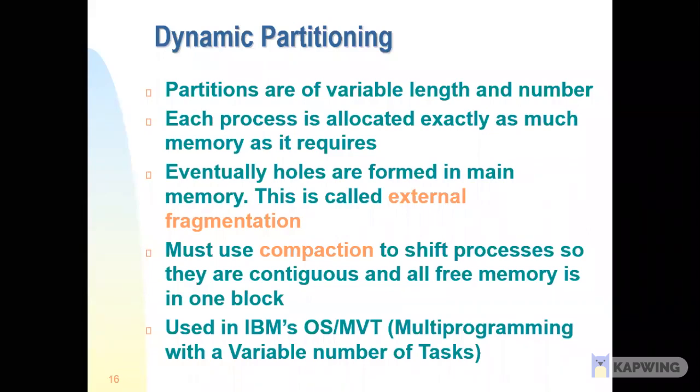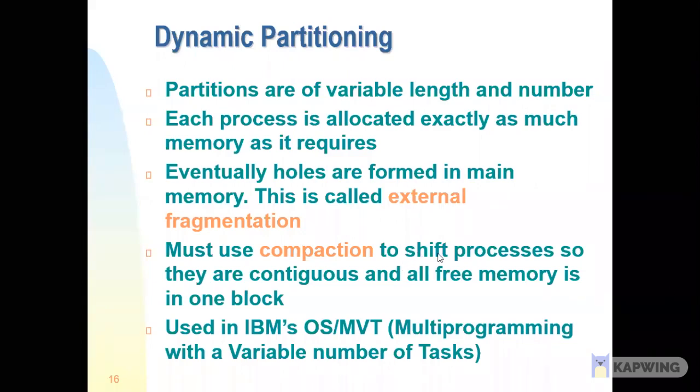Each process is allocated exactly as much memory as it requires. So if the program is of 5 MB, 5 MB will be allocated; if 7 MB, 7 MB will be allocated. Eventually, holes are formed in the main memory, and that is called external fragmentation.